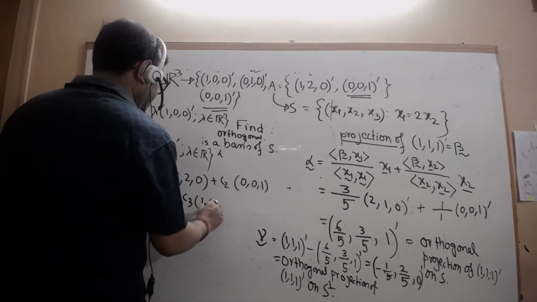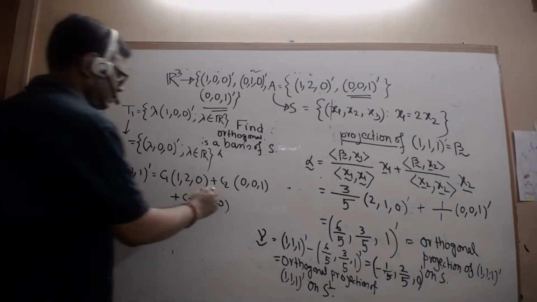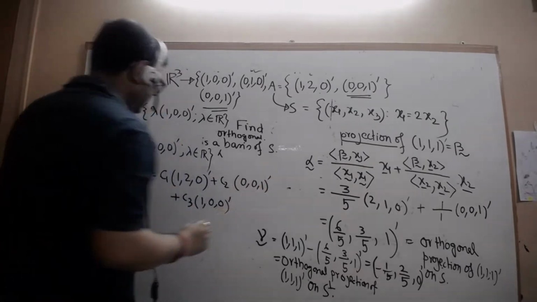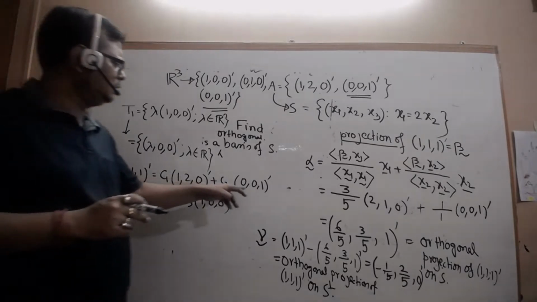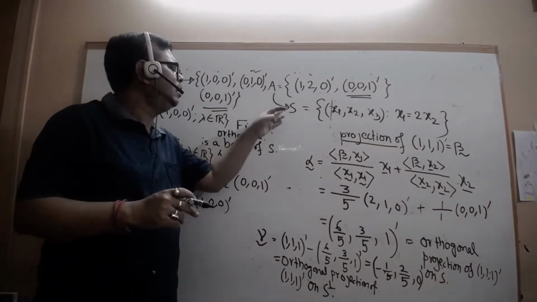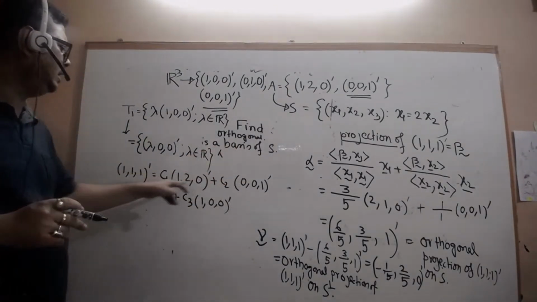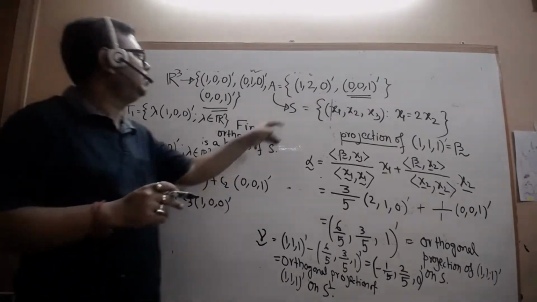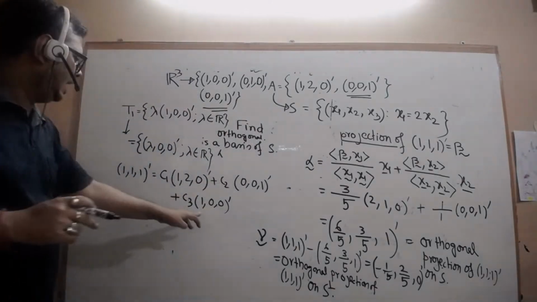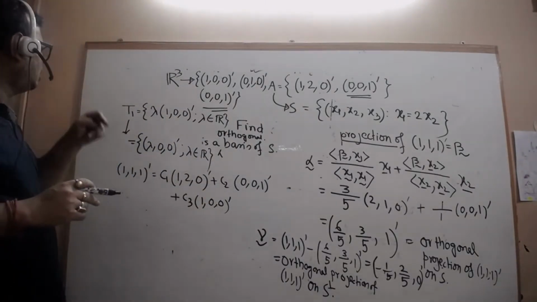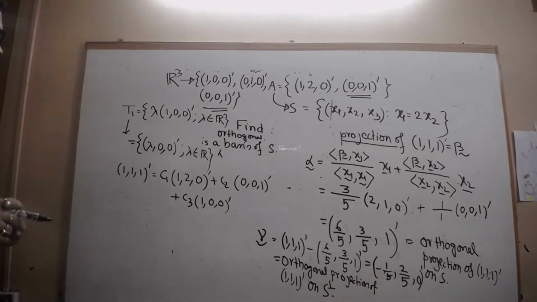Just write the basis of T1. So you see that C1 times 1 2 0 plus C2 times 0 0 1 belongs to S, because these two are a basis of S, so a linear combination of these two vectors gives a vector belonging to S. And 1 0 0 is a basis of T1, so C3 times 1 0 0 belongs to T1.